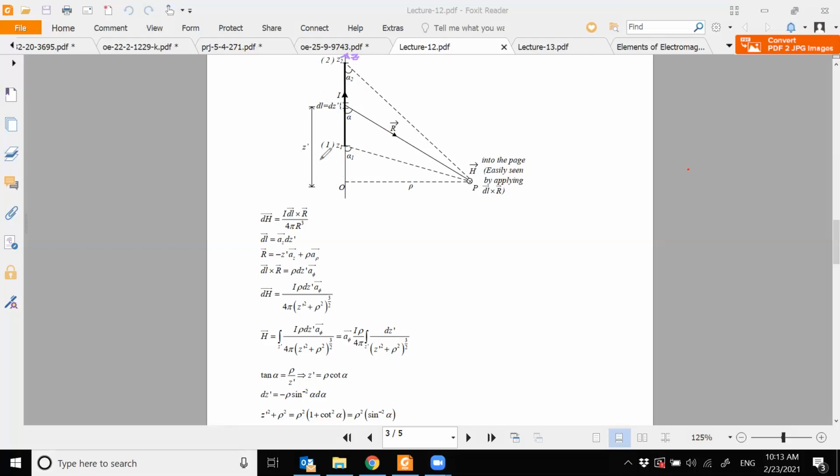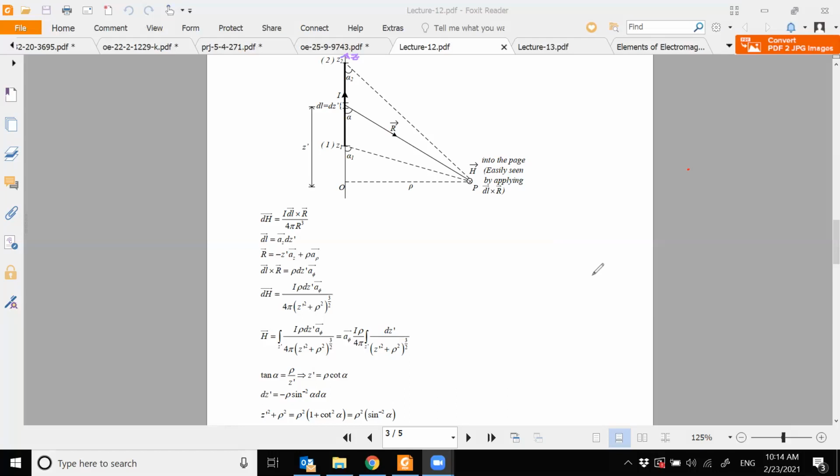So this is required for integration purposes. And then the distance vector. So this elemental length is at a distance vector r bar from my observation point P, and this elemental length is making an angle of alpha. Okay, so these are all my problem statement.